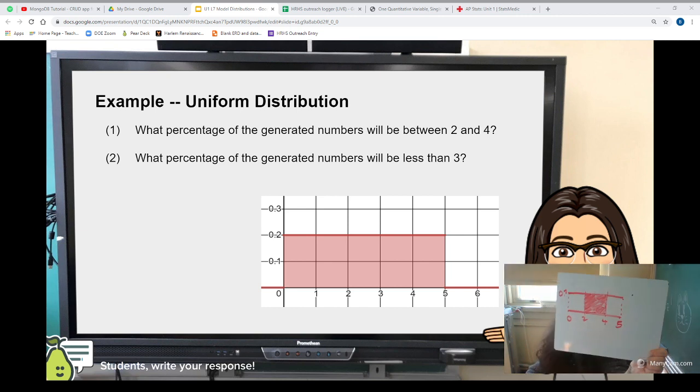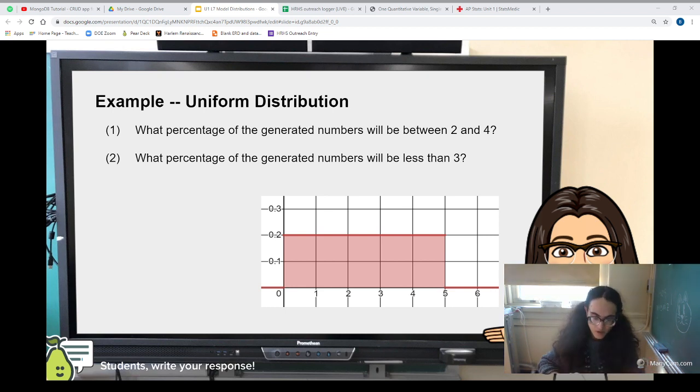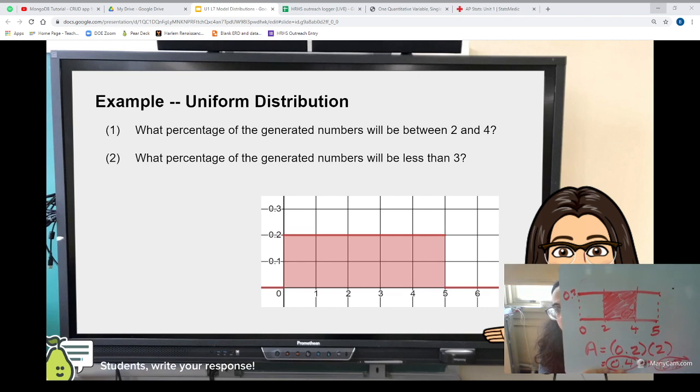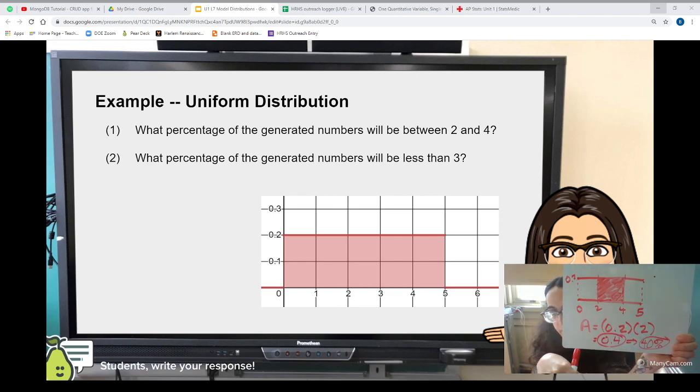Again, this is a simple area problem. Area is length times width. So the length is 0.2 and the width is 2, 0.2 up and down, 2 side to side. If we multiply these two, we get 0.4, or equivalently 40%. So the proportion would be 0.4, the percentage is 40%.